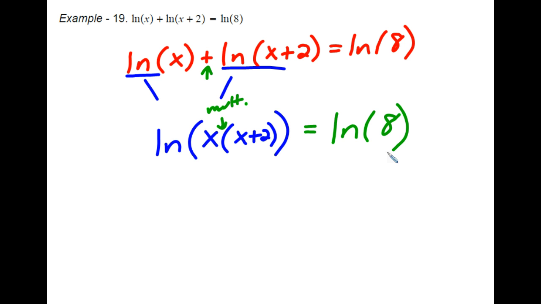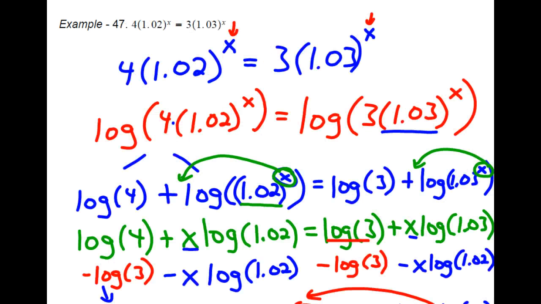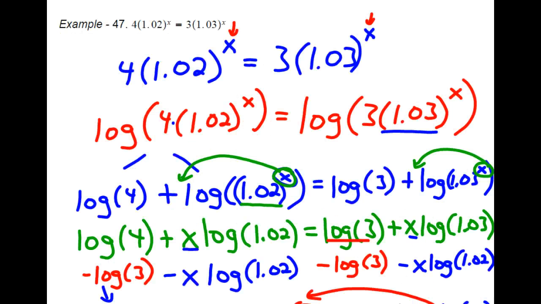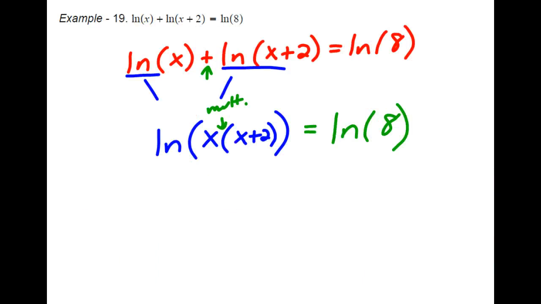And we're going to use the same shortcut we talked about a couple of examples ago. Same idea, basically. The shortcut was, if you get both sides to have the same base, you just set the exponents equal to each other. We can use the same shortcut on logarithms. If you get 2 logarithms equal to each other with the same base, you can just set the arguments equal to each other.